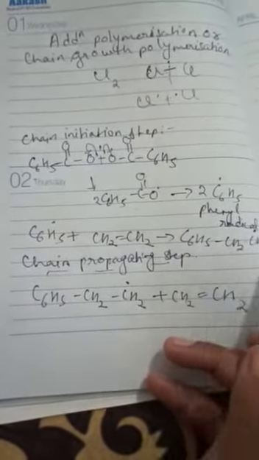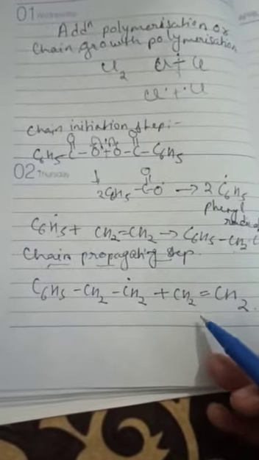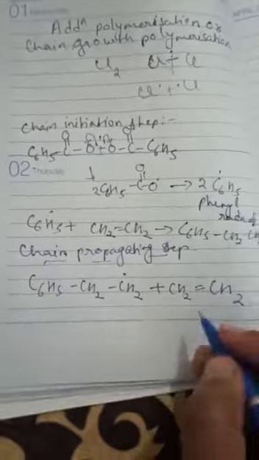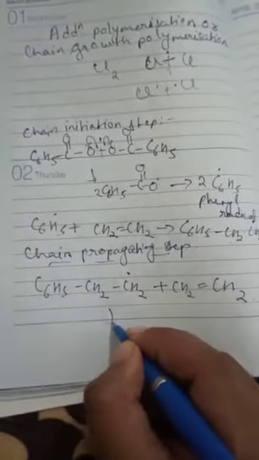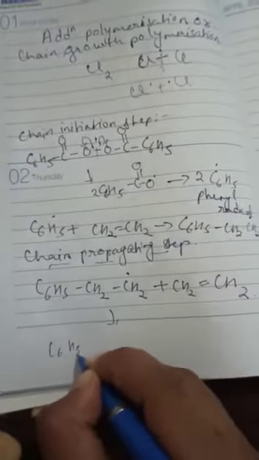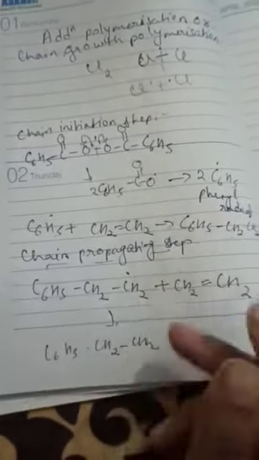Okay, so this again reacts with another ethene molecule, CH2=CH2, and this will join into this chain. So we will get C6H5CH2CH2, up to here.